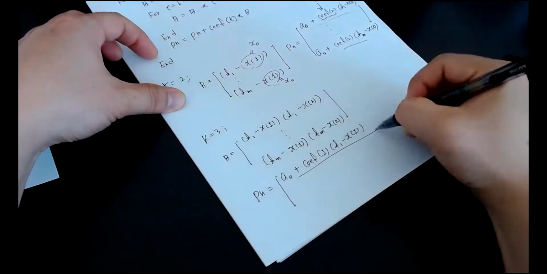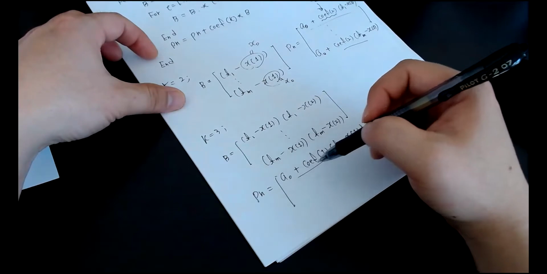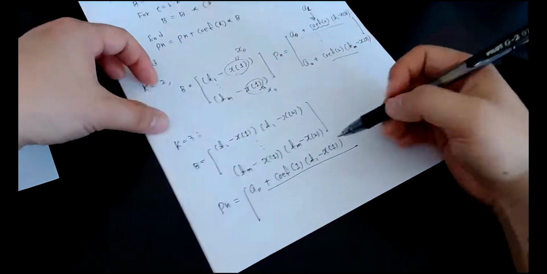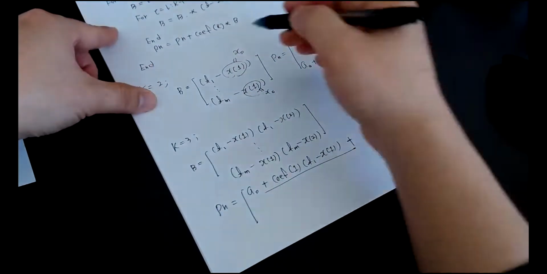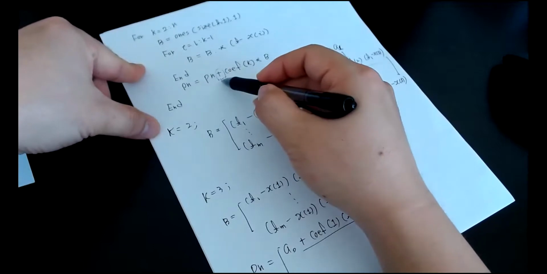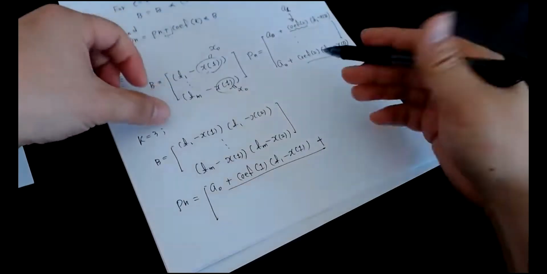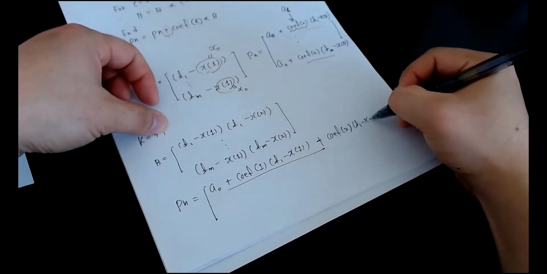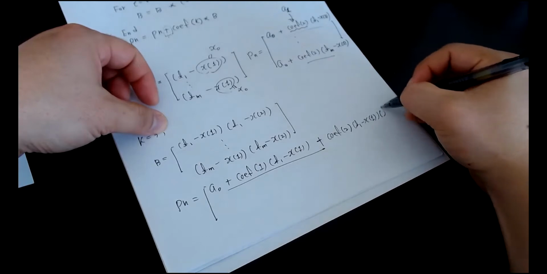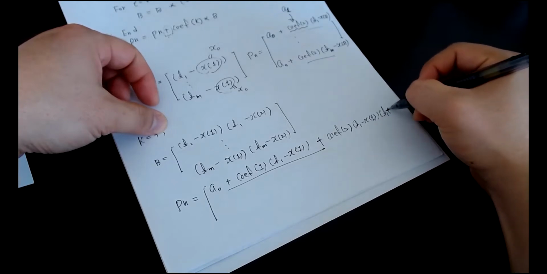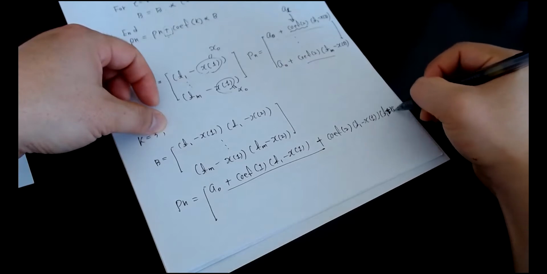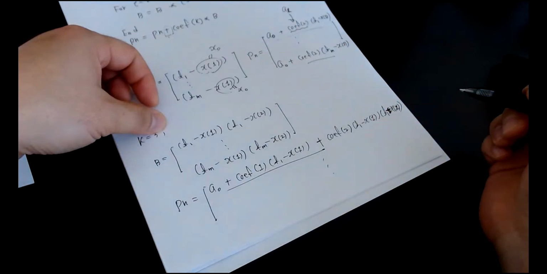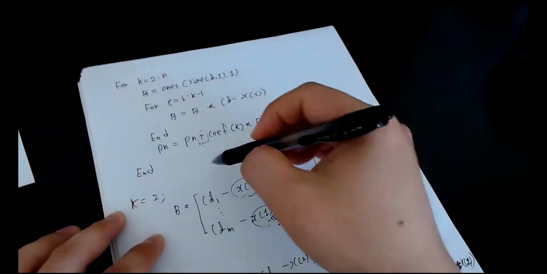We got this one in the previous iteration, stored in pn, and then we add this one, because obviously plus, and then coef3 times t1 minus x of 1 times t1 minus x of 2, like this. That's the meaning of the code.